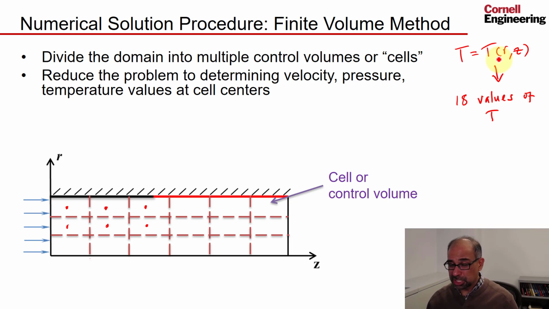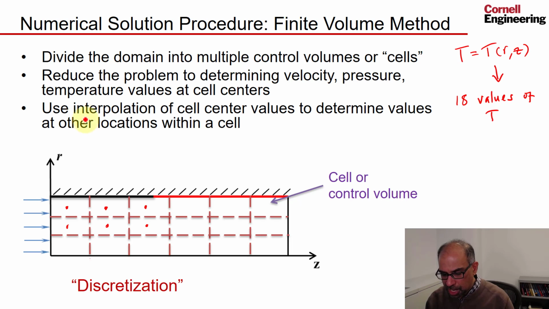Solving differential equations to find unknown functions is really hard. Finding discrete values of temperature and other variables is not as hard if you have computers and software. And this process of determining only discrete values rather than functions is called discretization, and it's really the heart of any numerical method.